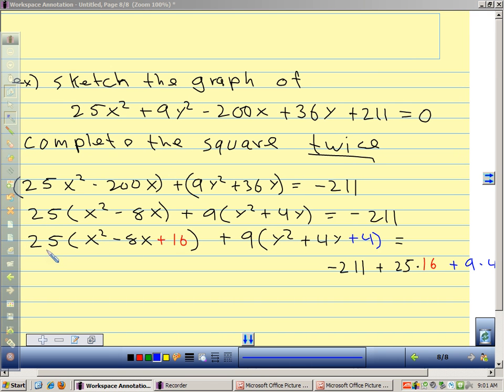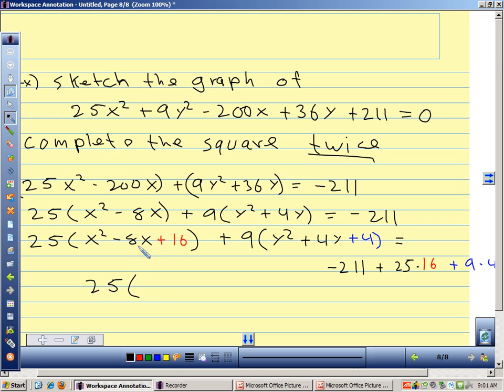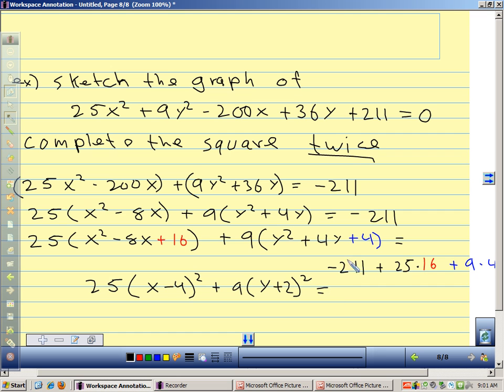We have to add the 25 times the 16 and the 9 times 4 to the other side to keep everything in balance. So finally, this becomes a perfect square. I get 25 times, this factors into a perfect square, x minus 4 squared, plus 9 times y plus 2 squared equals, and we add all this together, and we get 225.